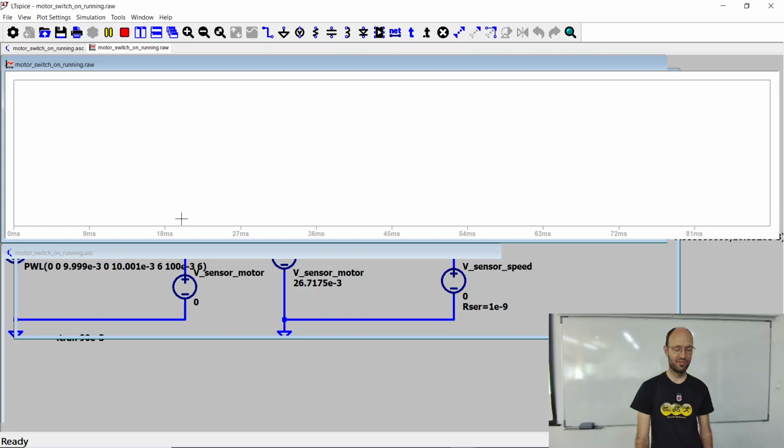So if we take a look at the current, we should see this overshooting that we all know. Okay, and so the next thing that we can maybe have a look at is the characteristic curve of this running motor. This was the thing that was also displayed here in this diagram.